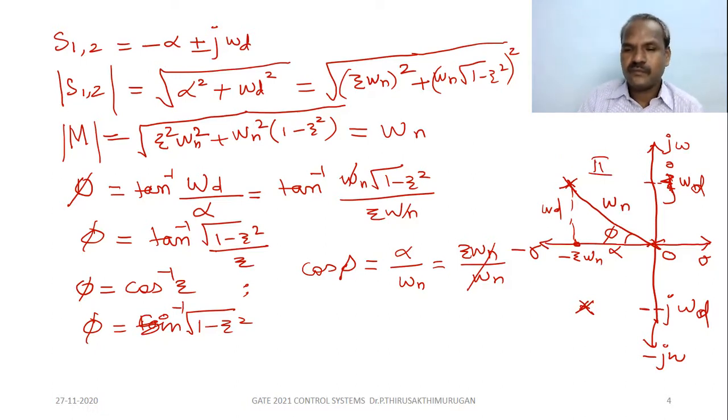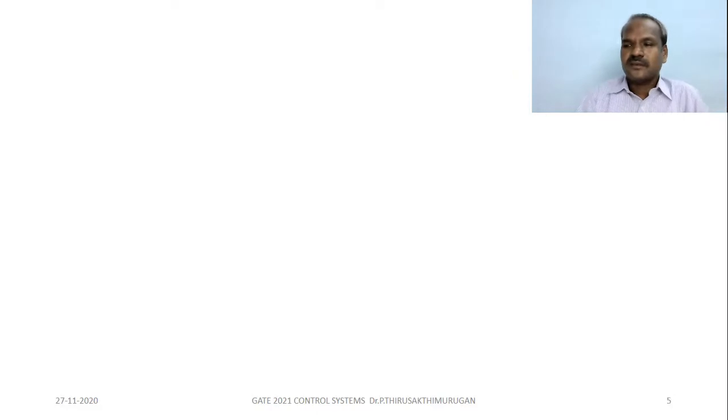So we may not represent it with cos, because cos of minus theta is cos theta, and sine of minus theta is minus sine theta. So we always use this expression for finding the angle in angular representation. Understand? Okay.